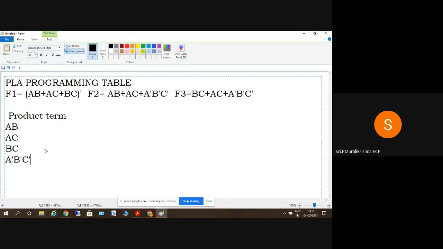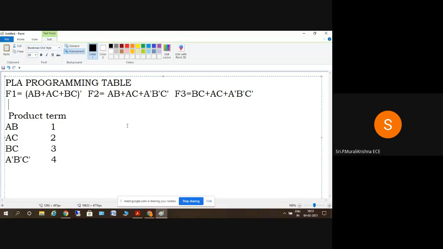And we have F3, which has all these terms covered in F1 and F2, so there is no need to mention the remaining terms. We have 4 product terms here. Number them as 1, 2, 3, and 4. Take down this table.